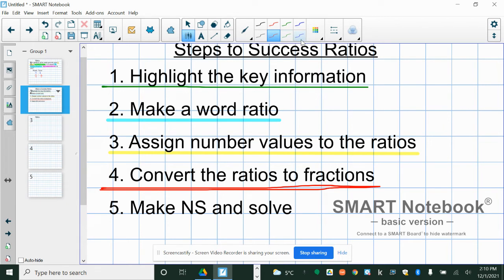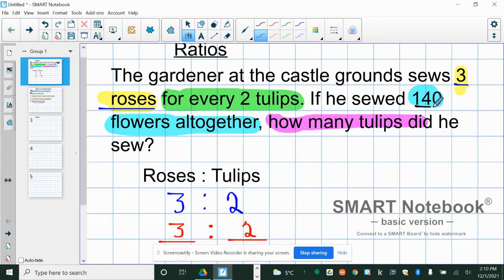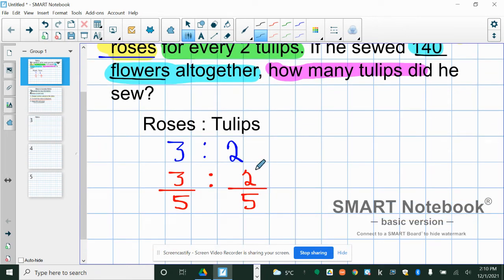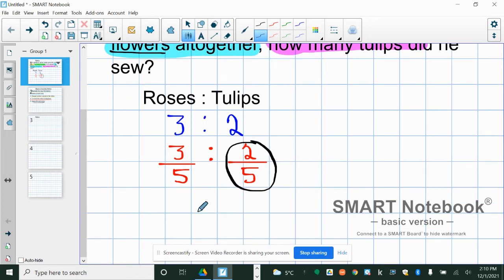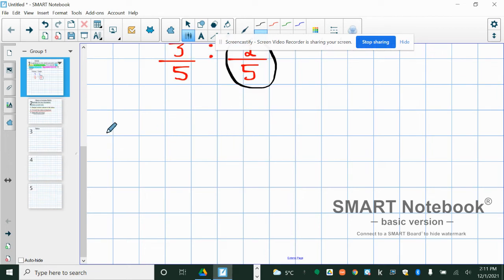My final step, really, essentially, in solving this challenge is make your number sentences and solve. So, in this particular question, it does tell us that there are 140 flowers altogether. I now know the fraction of tulips to be 2 over 5. So, I essentially have everything I need to go ahead and make my number sentence.